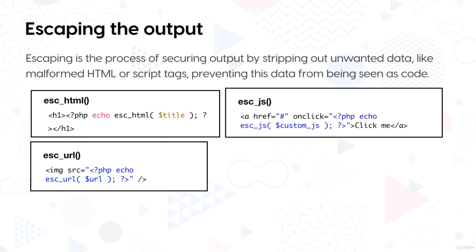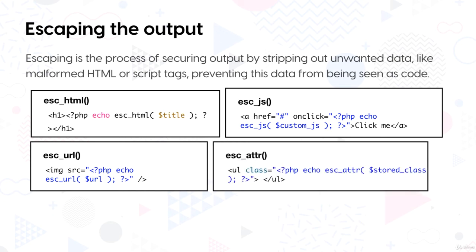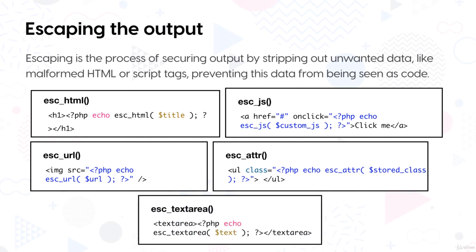Escape JS for when you are rendering inline JavaScript. We also have escape attribute for when you are outputting something in an HTML attribute, like maybe a class or a title, and so on. And finally, escape text area when you are outputting something inside of a text area.